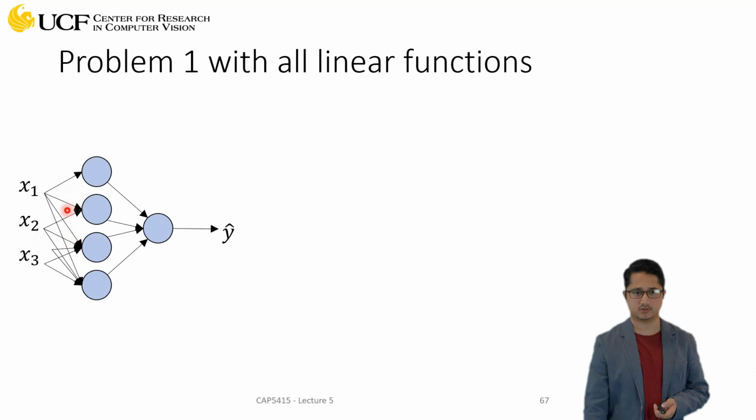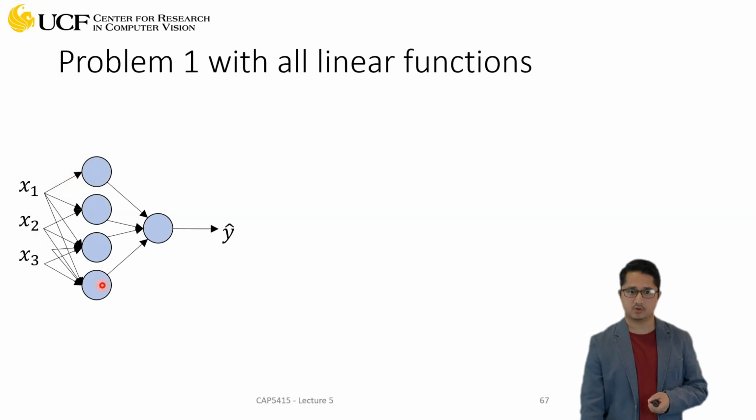Not all weights are shown here, because from each input value, you should have an arrow to all of the other neurons, right? For example, the arrow from x2 to this neuron is not shown. Okay, so that's how you will get the output of this first layer.